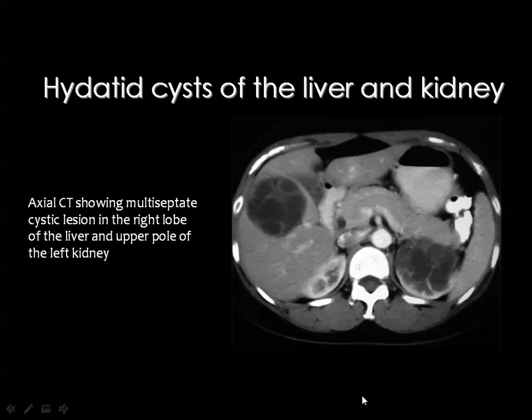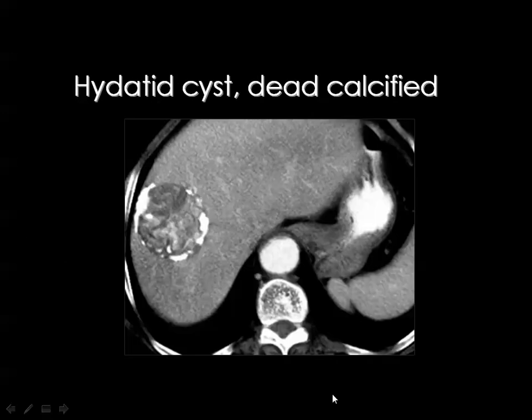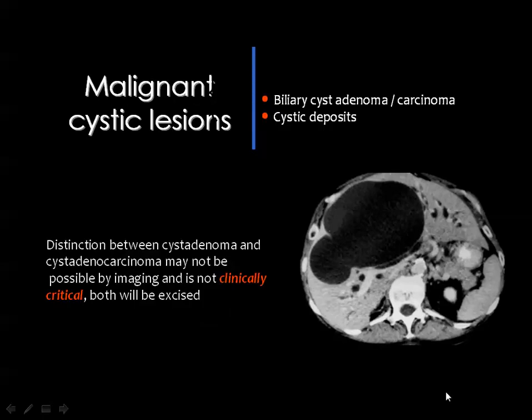I will explain this in the specific issues. When I'm talking about the kidney, I will explain the hydatid disease in the kidney and also in the spleen. Then if the hydatid cyst is dead, you get calcium everywhere in the cyst, and then you see marginal calcification and also calcium inside the cyst itself.